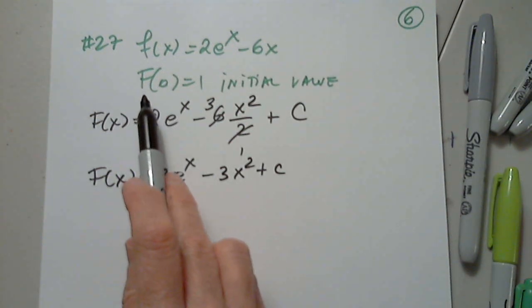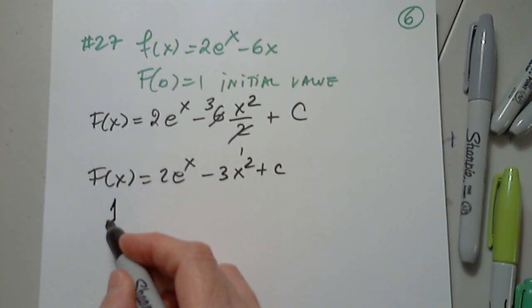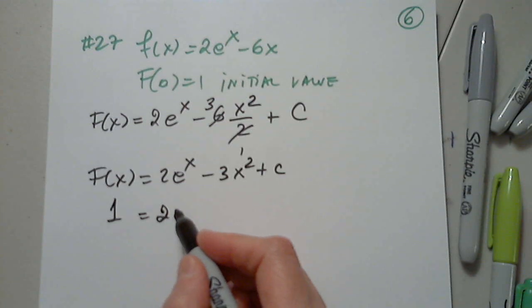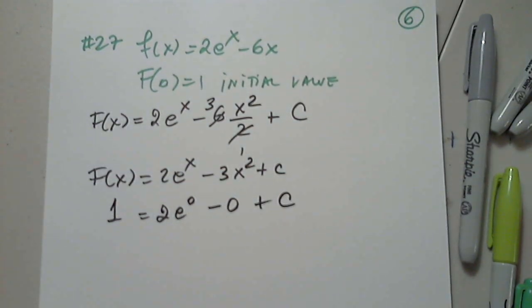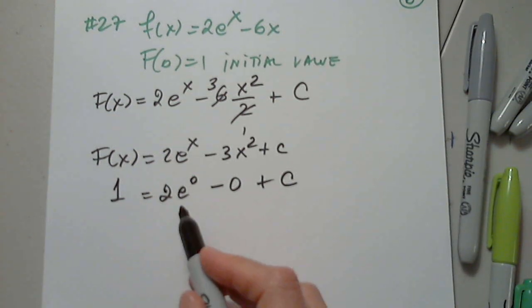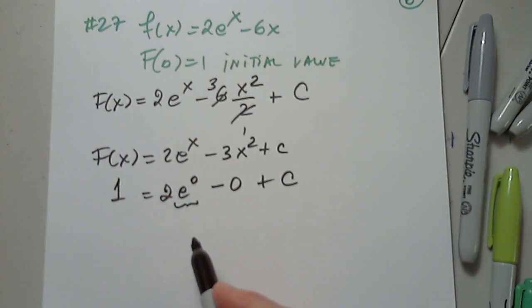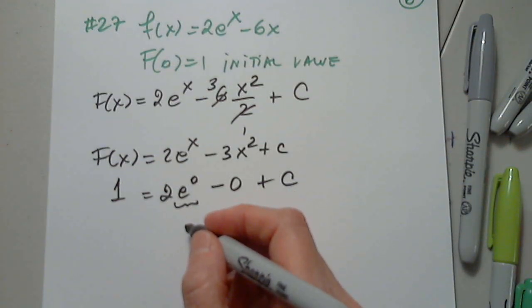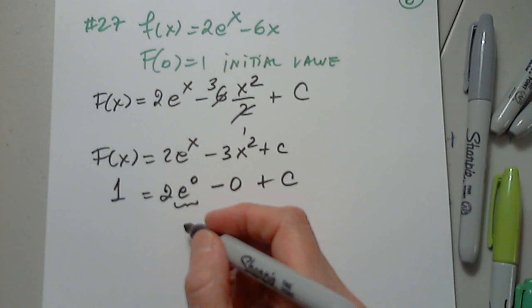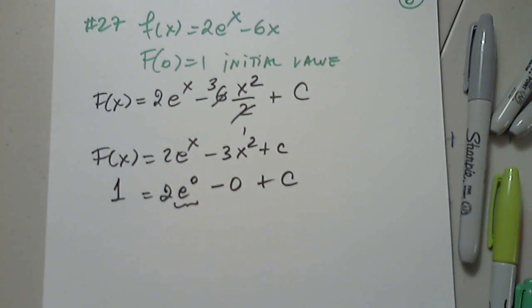But they're telling us that f of 0 is 1, which means 1 equals 2e to 0 minus 0 plus c. How much is e to 0? I know everyone knows e to 0. 1.